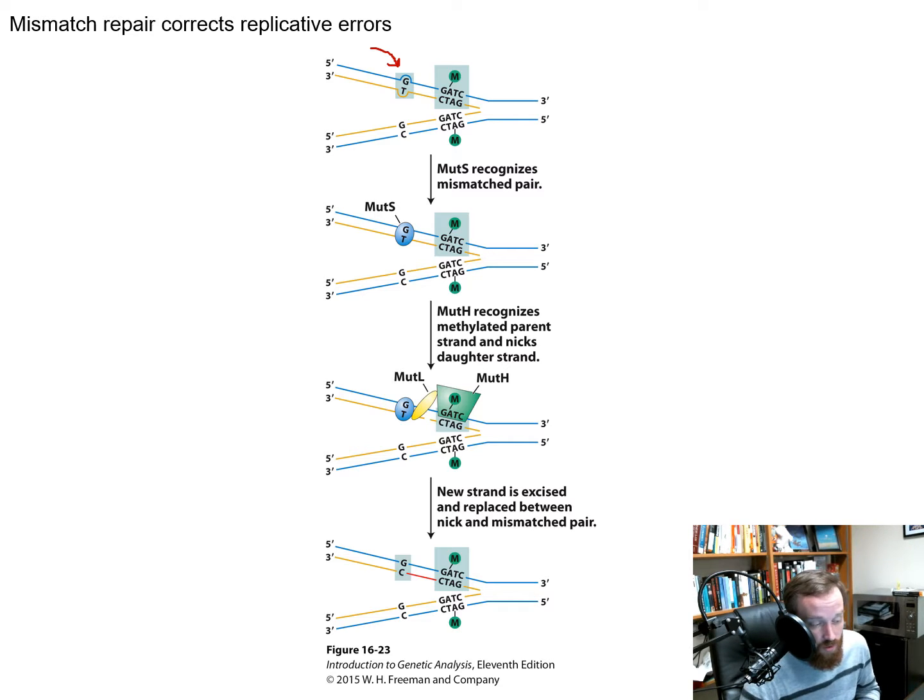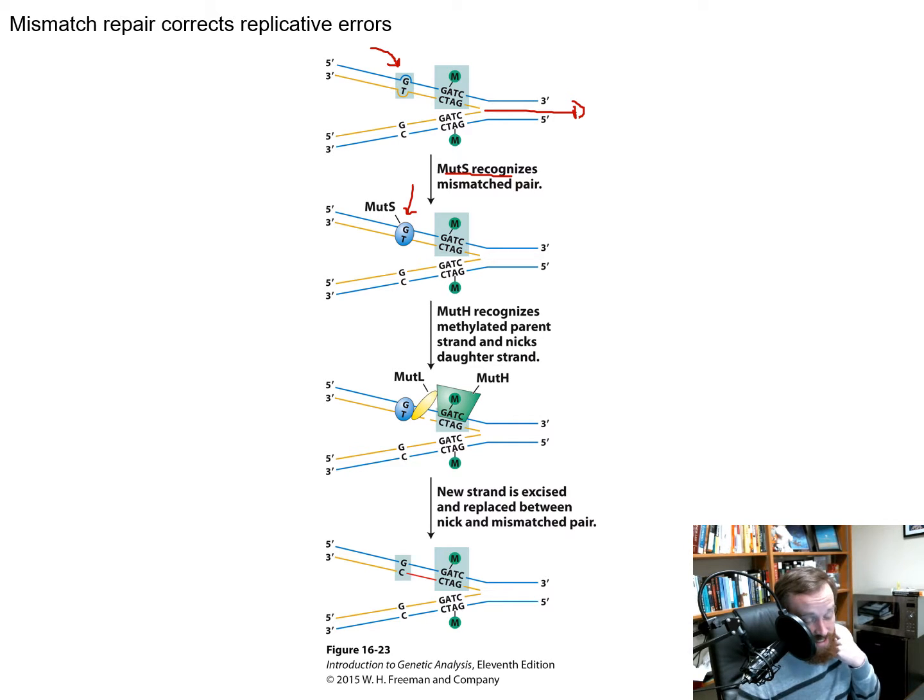As this replication fork is proceeding, there is this enzyme called MutS, and it will follow along to see if there's any of these mismatches, because we'll get those bubbles to form again. It sees here that we have a G and a T, and so that's a bubble formed. It recognizes that and says, this is not correct.